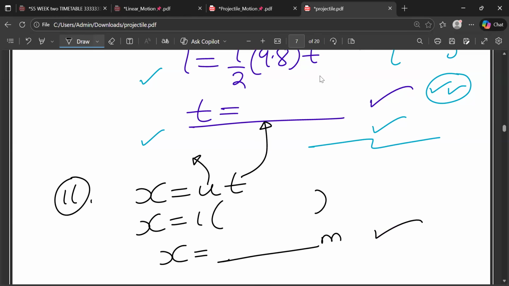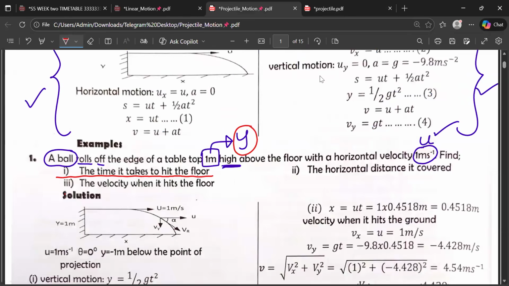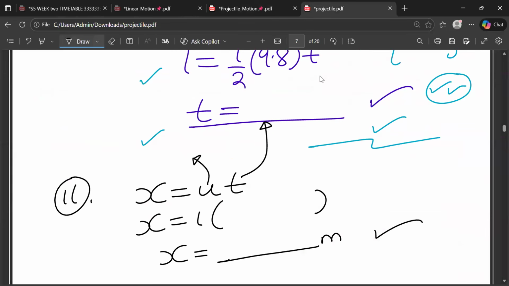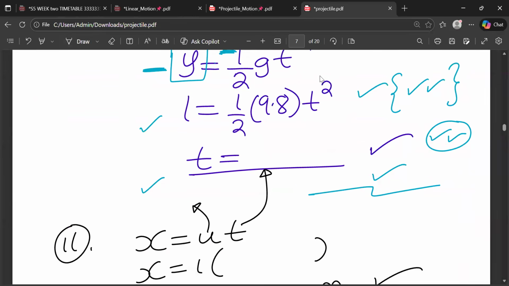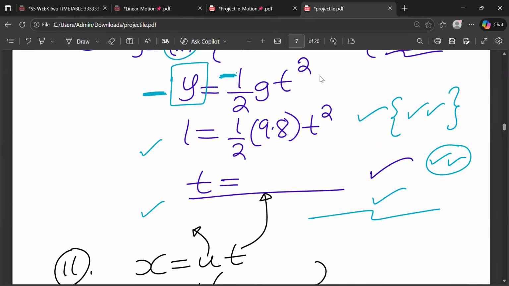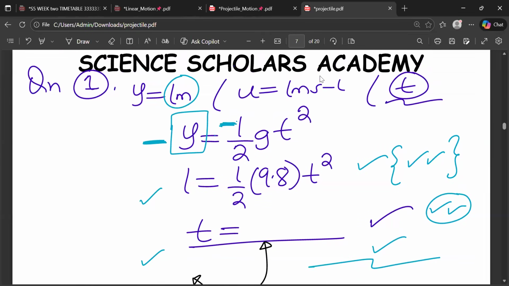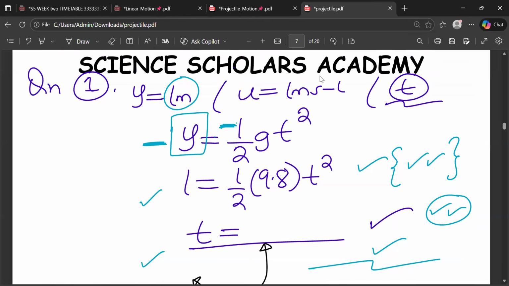You get? Then they asked, lastly, the velocity when it hits the floor. So they're asking you for the final velocity. I don't know whether people are getting this. So here the time, if you use your calculator, well, someone tell me the time here. We do this whole number, so that the rest we just do quickly.